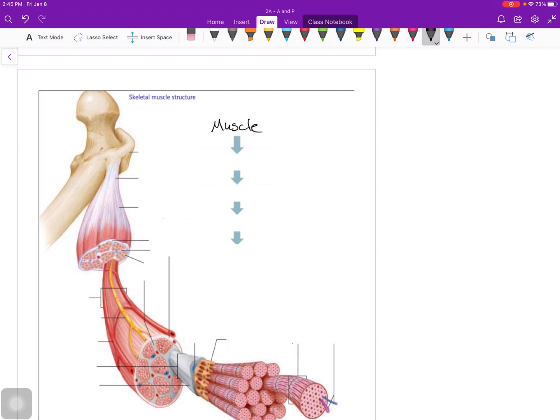Again, we have bundles called fascicles. We have muscle fibers, which we know are our cells. Specialized terminology, though: myofibrils. And then we have thick and thin filaments.